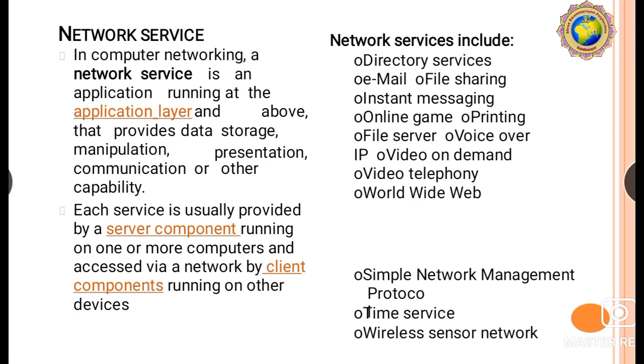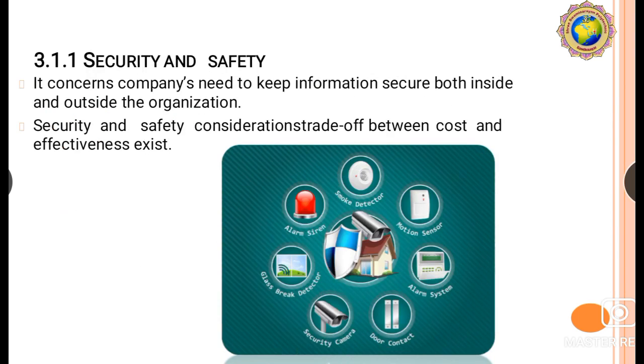Okay. Next, security and safety about applications. It concerns companies that need to keep information secure both inside and outside the organization. So for security and safety consideration, a trade-off between cost and effectiveness exists. So here is the security and safety given by an authorized person.